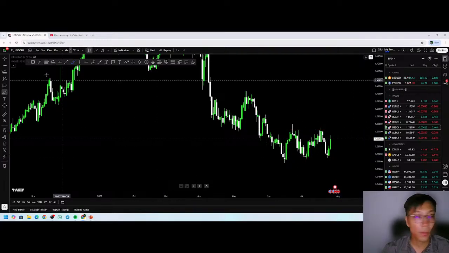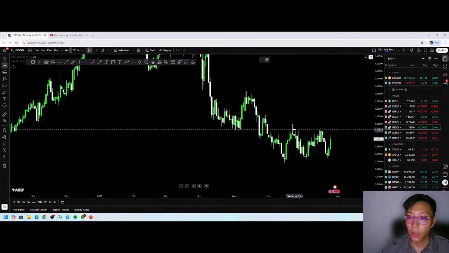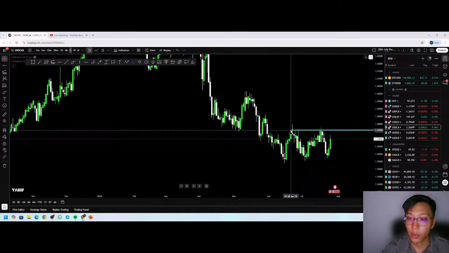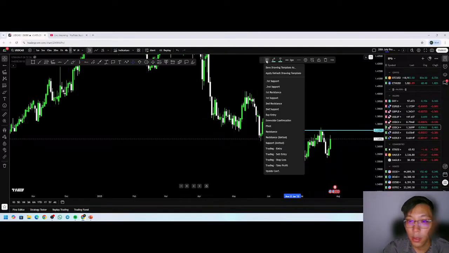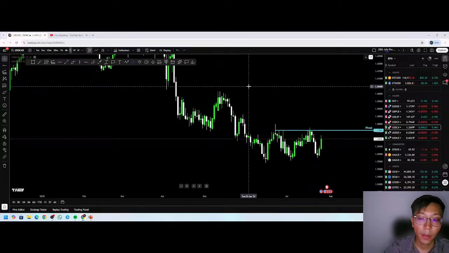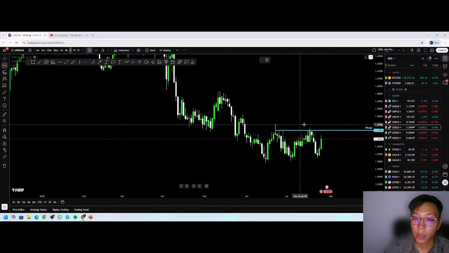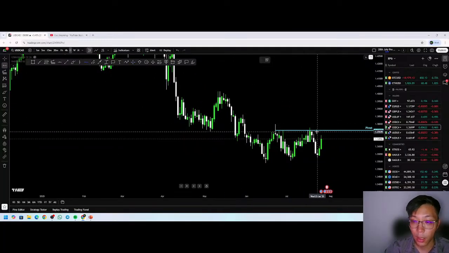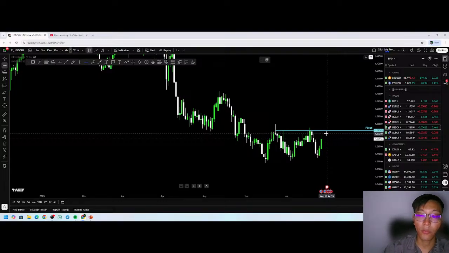All right, so let's take a look. There could be a possibility that price continues to trade within this area right here, so we could use this as our pivot point, because there isn't a clear sign that price might break out of this area.